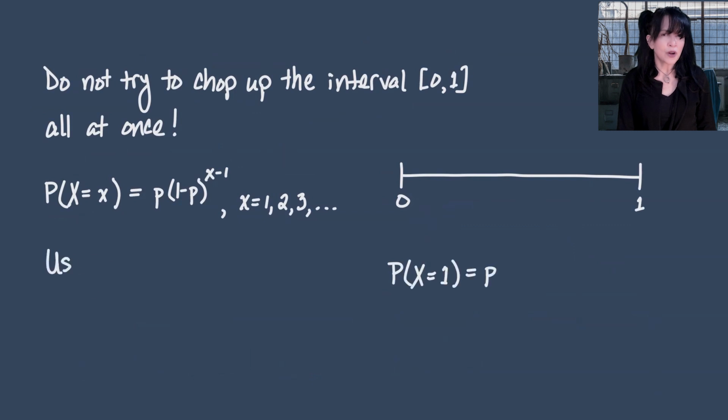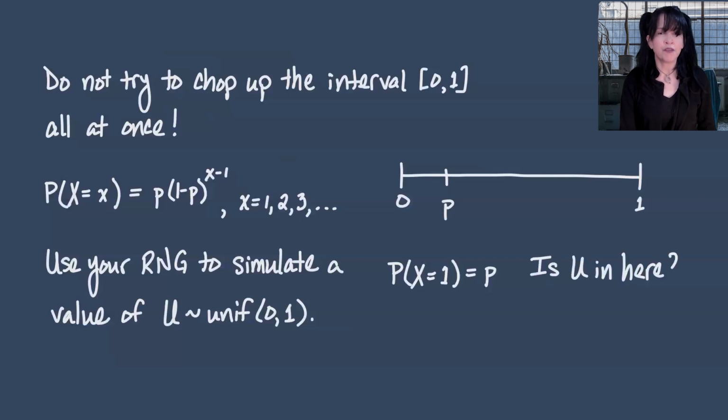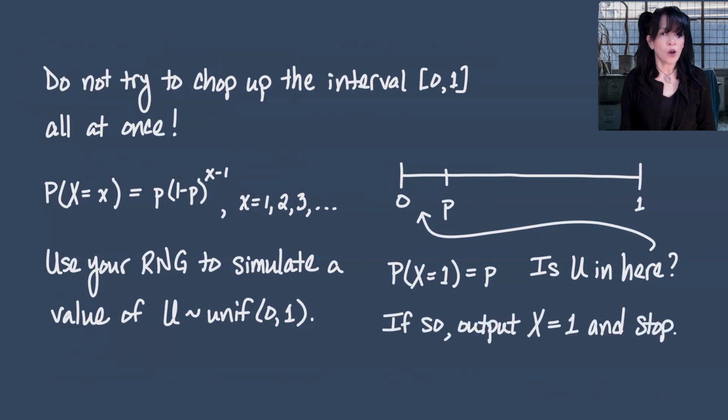So I'm going to grab a value u from my random number generator. I'm going to recall that the probability that x equals 1 is p. So I'm going to put p down on my interval here. And I'm going to say if my uniform falls in this interval, then I want to output the value 1.